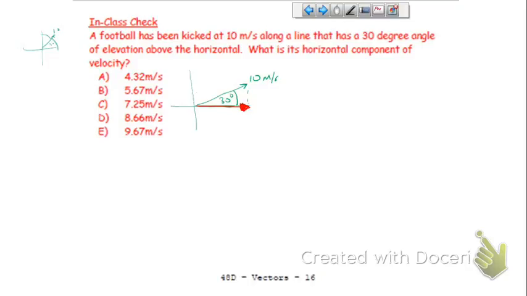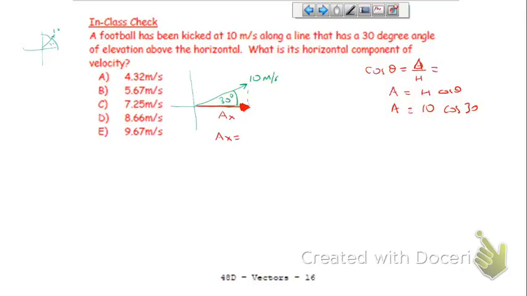If you want to begin with, you can say cosine theta is equal to adjacent over hypotenuse, and in that case adjacent is equal to h cosine theta. So adjacent is equal to, you look at your diagram, you go 10 cosine 30. But I want you to get to the stage where you can just say, oh, this is going to be Ax.